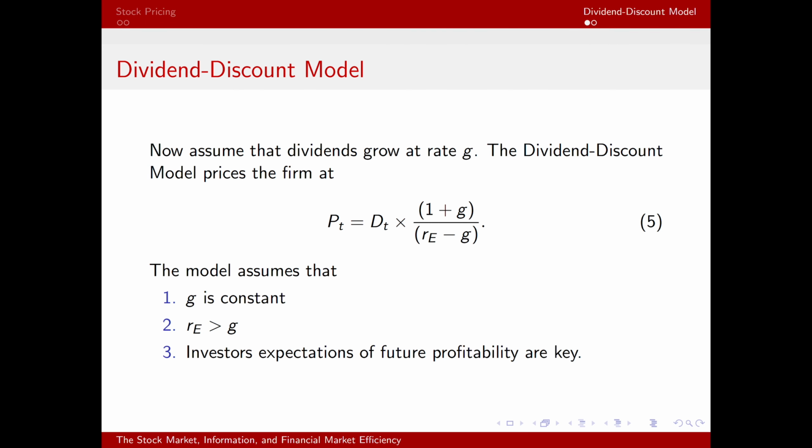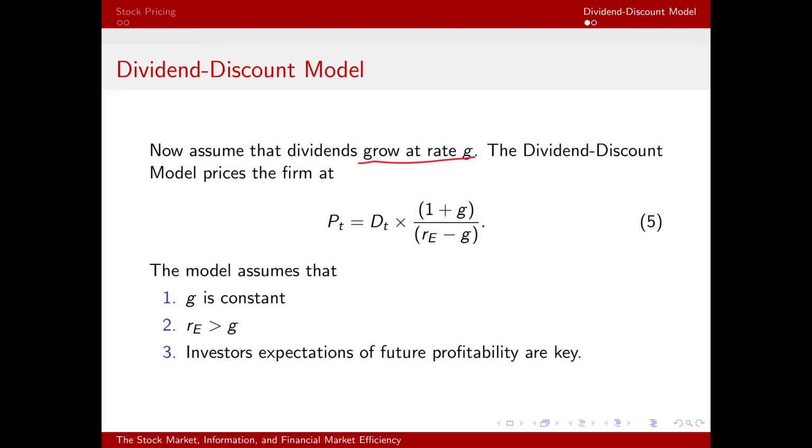So now, though, we're going to focus on one specific model called the dividend discount model. And this uses what we learned in equation 4, and then it just takes it out with this growth rate G. There's a bit more background mathematical mechanics that get us to equation 5 from equation 4, but I'm going to skip it for you guys. If you are interested, talk to me and I'll be happy to go step by step for how we get to equation 5 from equation 4.